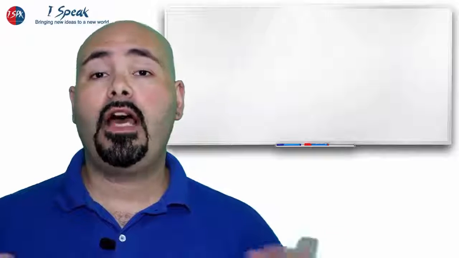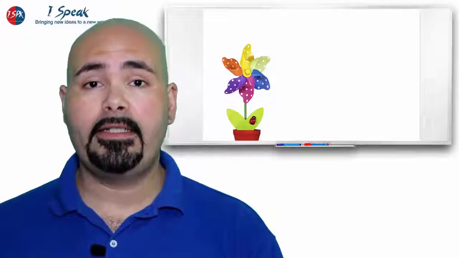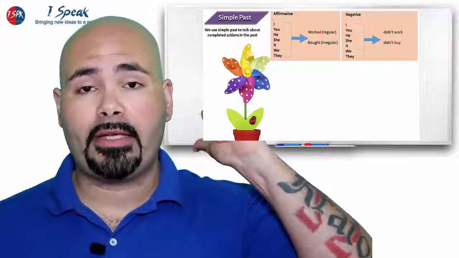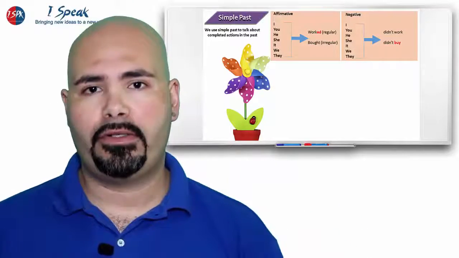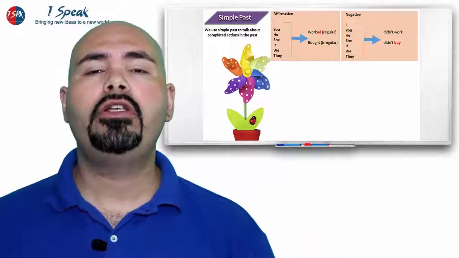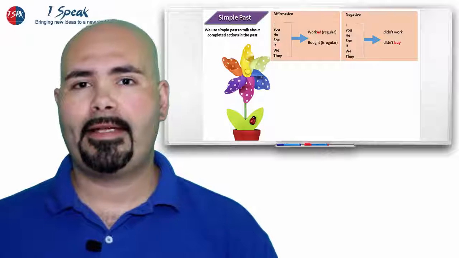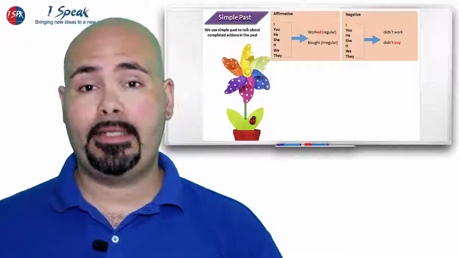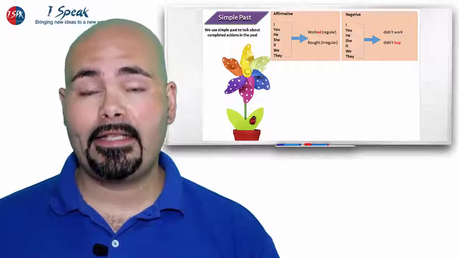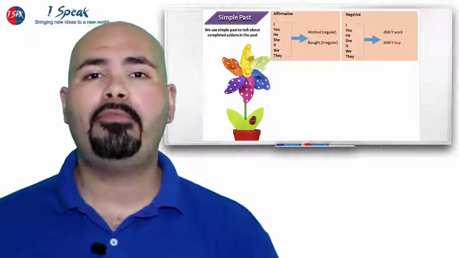So, here we go. How do you use it? When you use simple past, as I said, it's something that stayed in the past. It started and finished. It's important for you to learn some time expressions. What is that? It's a word or an expression that says when that thing happened.